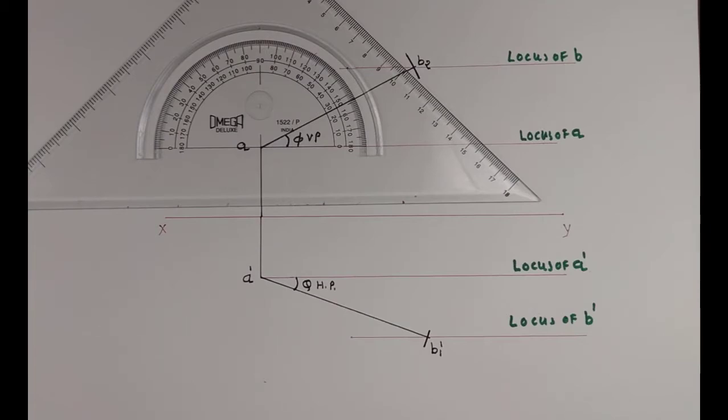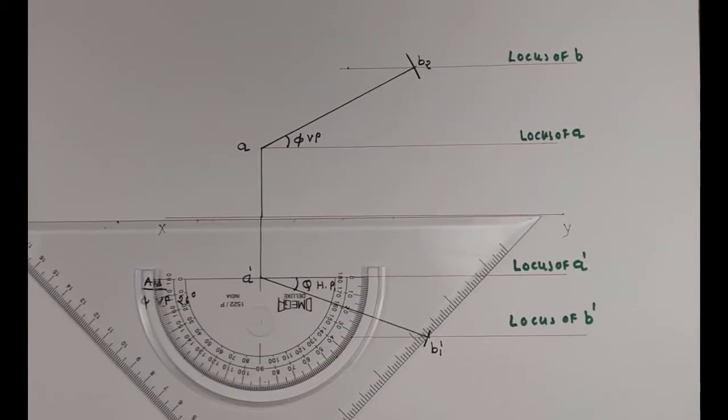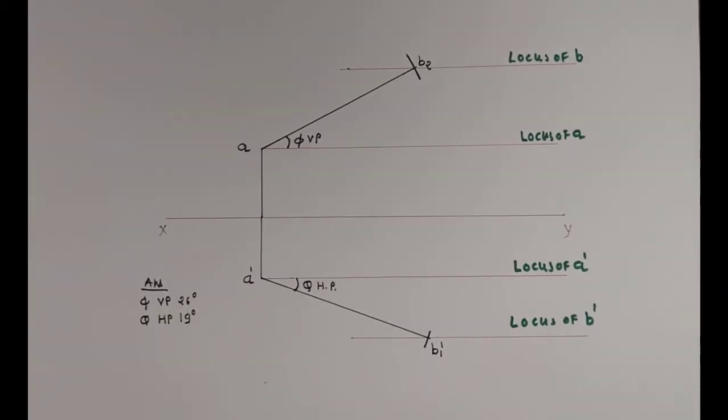You can write your answer: line inclined to VP 26 degrees. Similarly, you arrange your protractor at A dash and measure the line inclined to HP, angle theta. Now your line inclined to HP, theta, is 90 degrees.